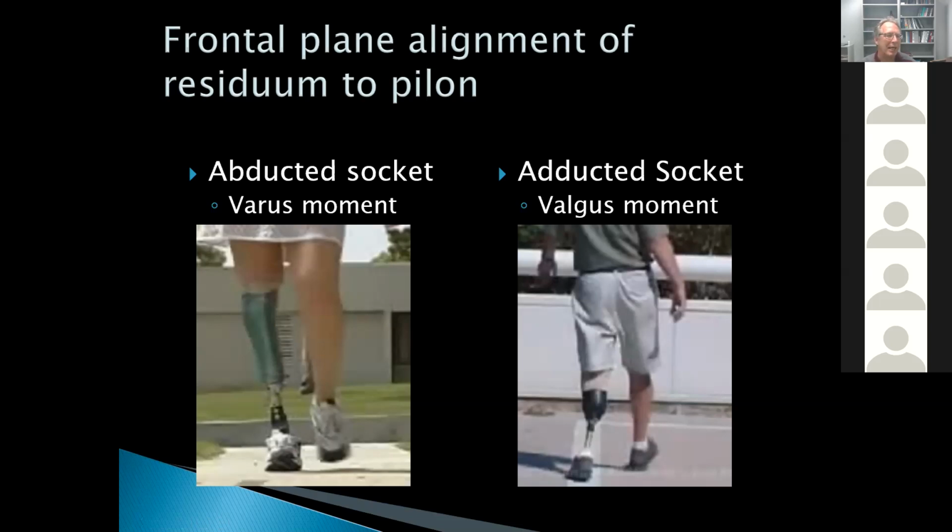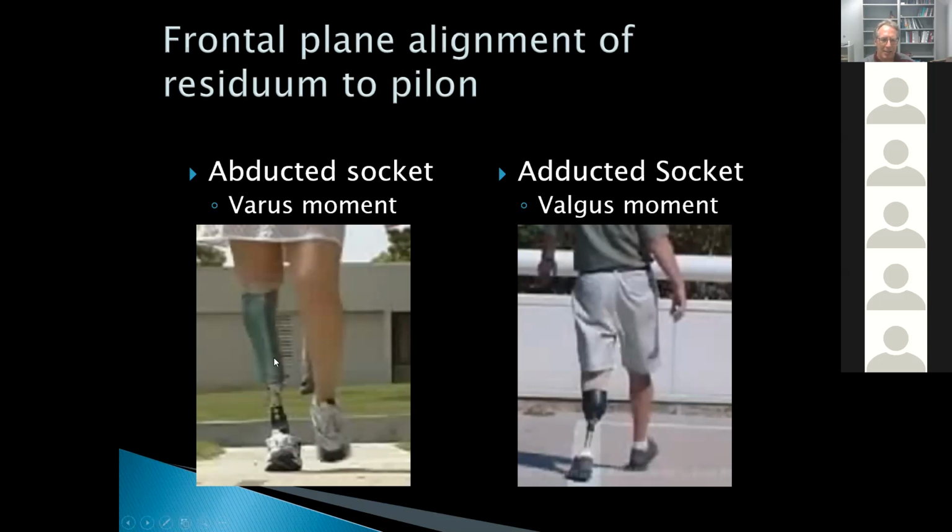So if you're going to be in this environment where you talk about the frontal plane alignment of the pylon relative to the socket, and remember, whatever the socket is doing, the residual limb is also doing, we call it an abducted socket, again, because of the arrangement of the socket with the residual limb in it relative to the pylon.